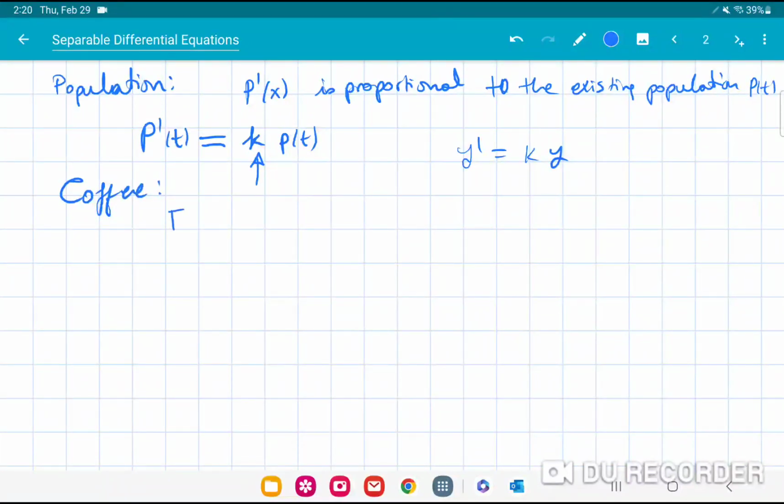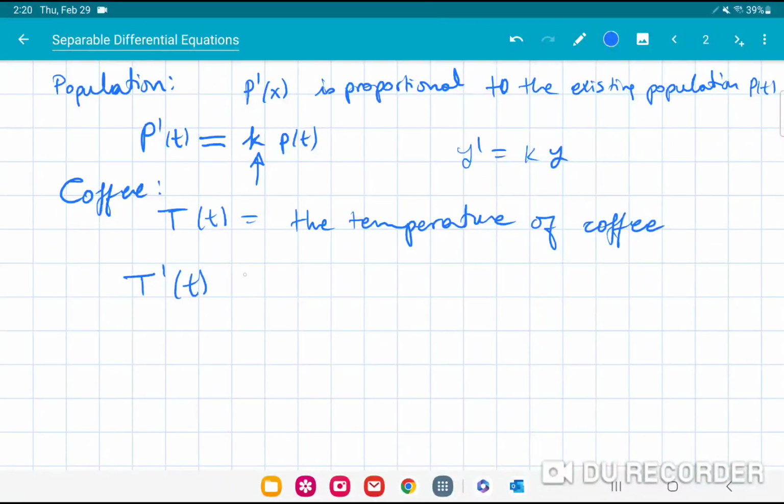So if T of t is the temperature of your coffee, then the rate of change of the temperature is proportional to the difference between the ambient temperature and the current temperature of the coffee. This is the current temperature of the coffee. This is the ambient temperature, the room temperature, or if you put it in the fridge, the fridge temperature.